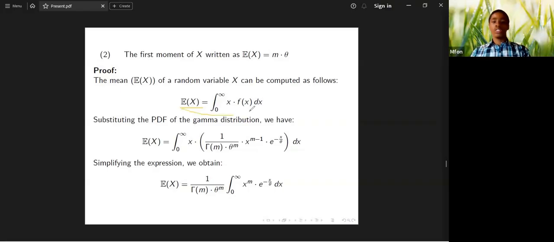So from this formula, we're going to put in the gamma distribution, substituting that u equals x over theta.